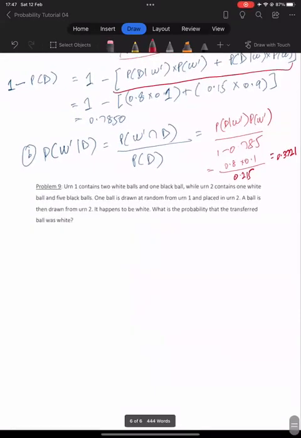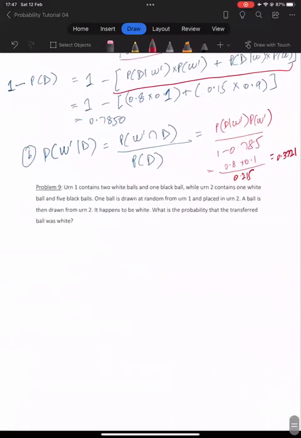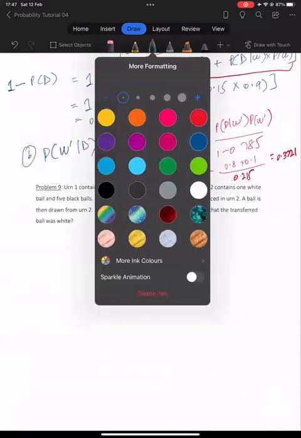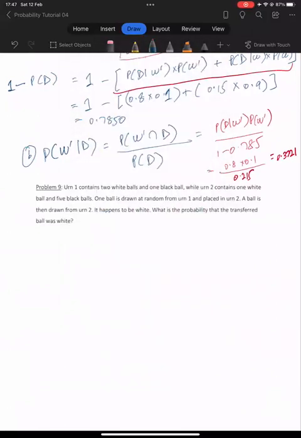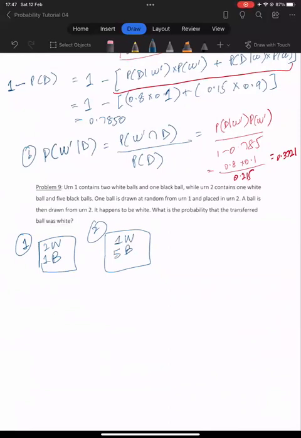And then we have the last question. ठीक है. Urn 1 contains 2 white balls and then 1 black ball, while urn 2 contains 1 white ball and 5 black balls. 1 ball is drawn at random from urn 1 and then placed in urn 2.